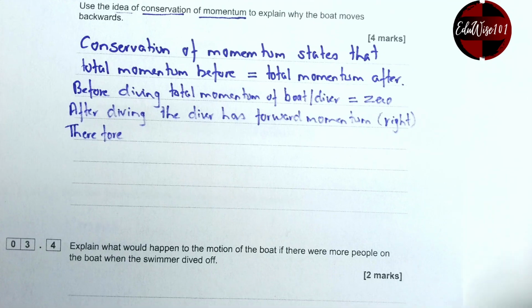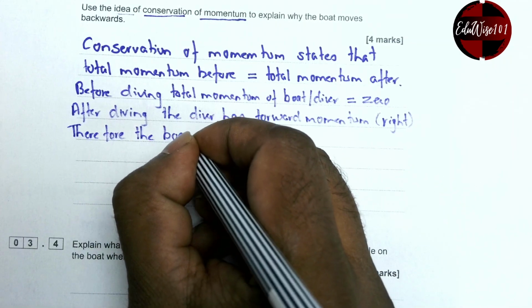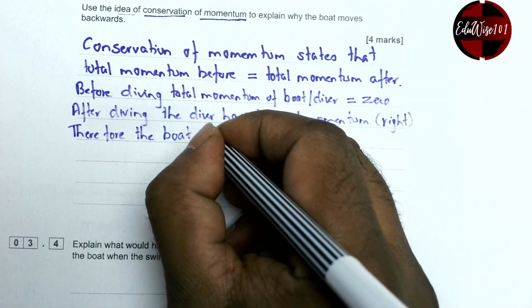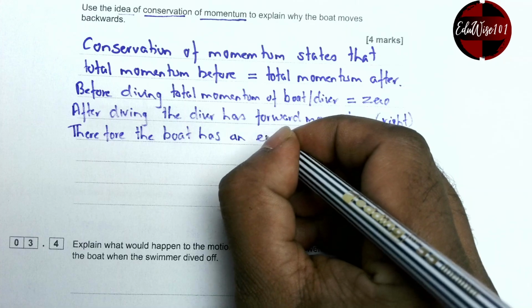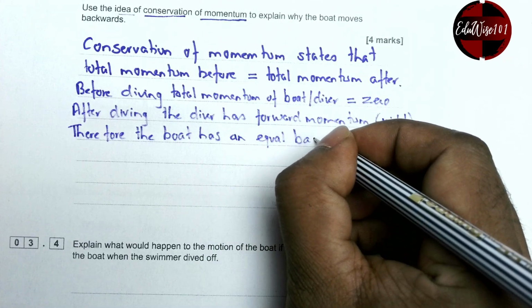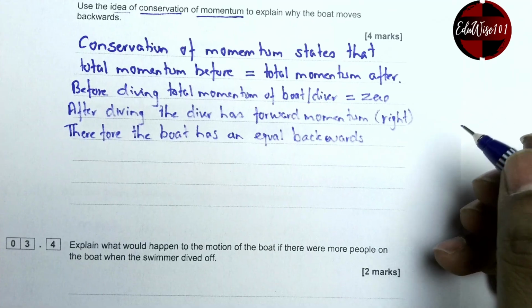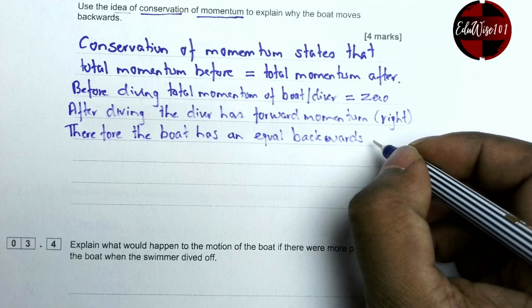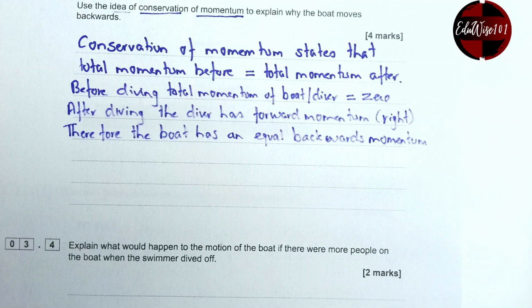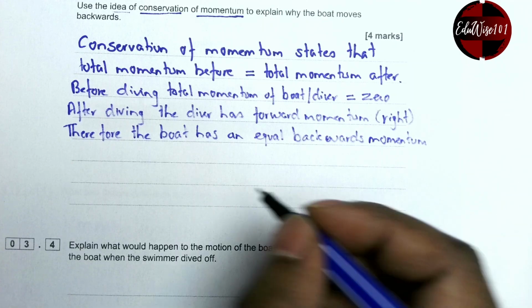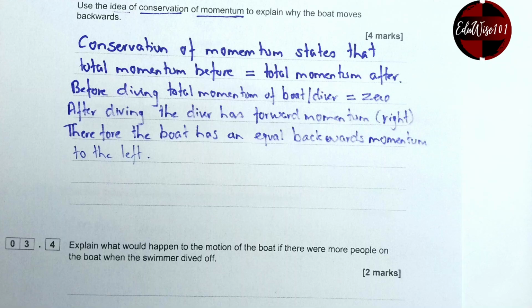Therefore, the boat has an equal backwards momentum, to the left.